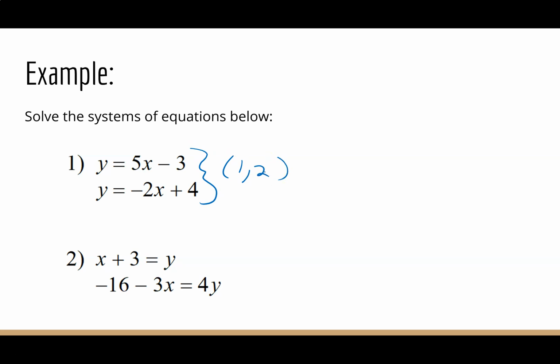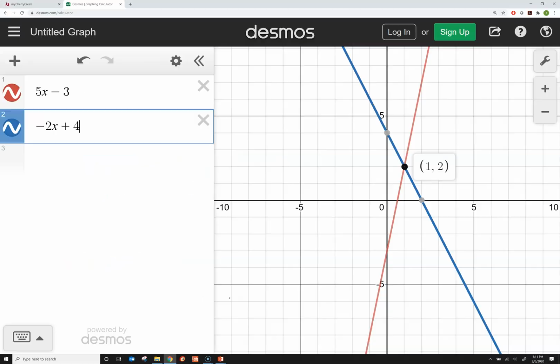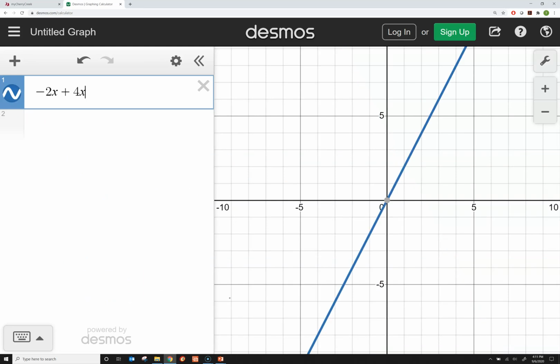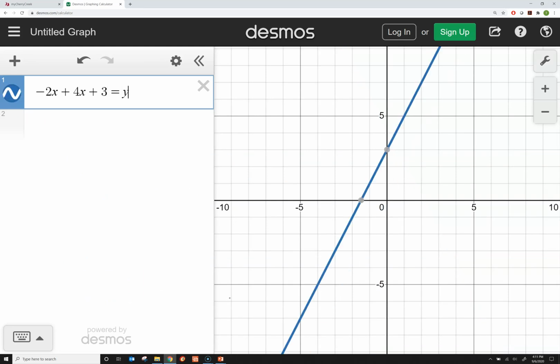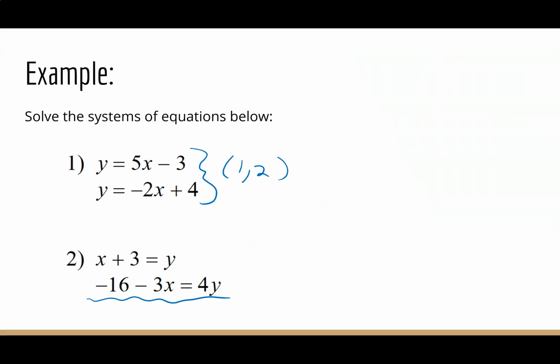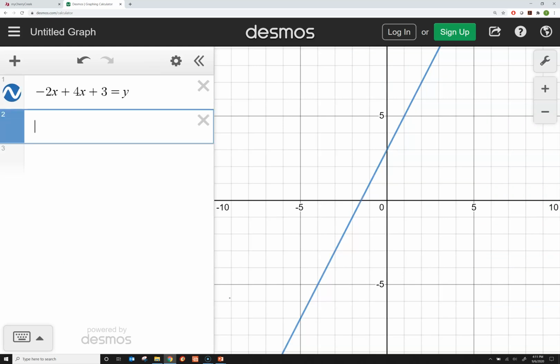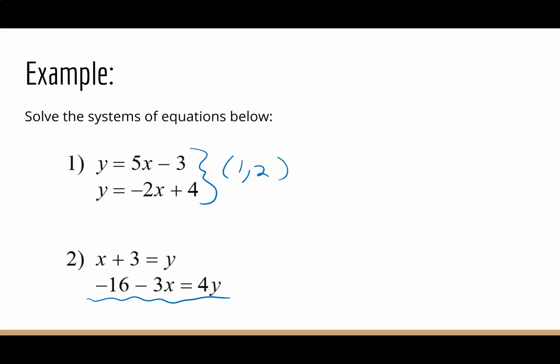Okay. It can even give you the answer when they are not written in slope-intercept form. So x plus 3 equals y, and negative 16 minus 3x equals 4y. Let's see, did I type that in right?